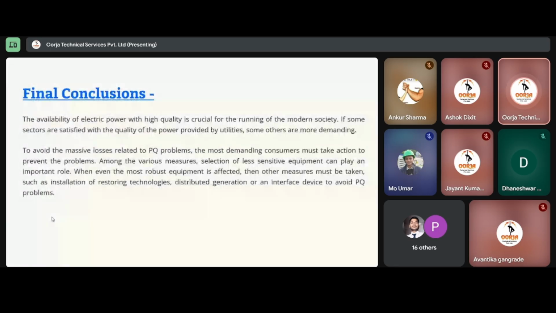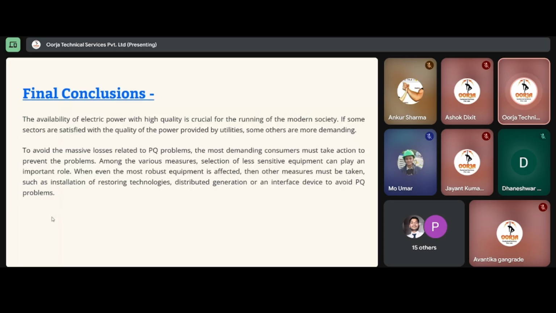Final conclusions. The availability of electrical power with high quality is crucial for the running of modern society. While some sectors are satisfied with the quality of power provided by utilities, others are more demanding. To avoid the massive losses related to power quality problems, the most demanding consumers must take action to prevent the problems.